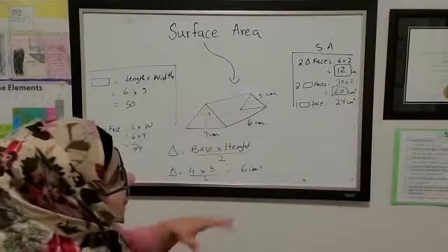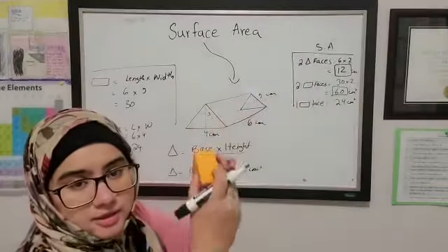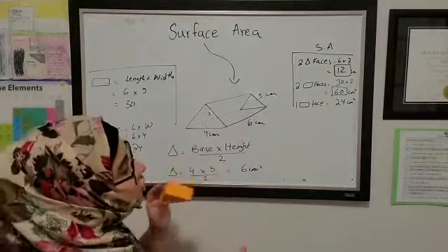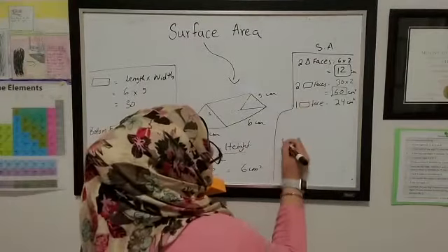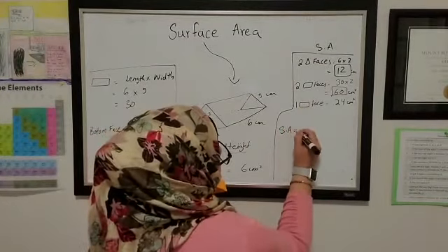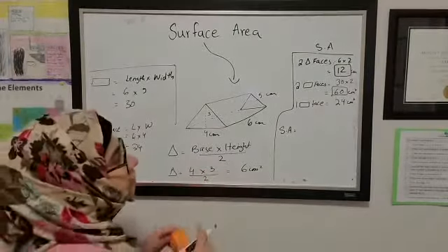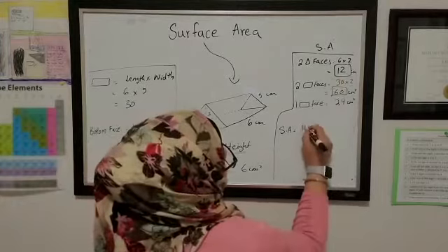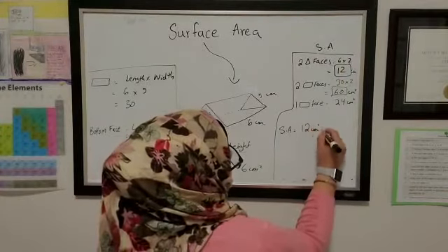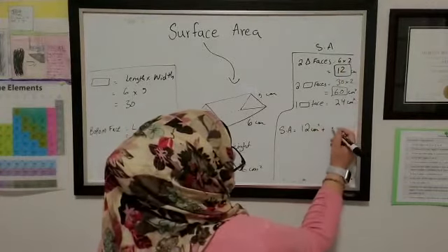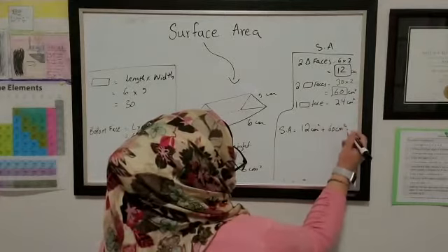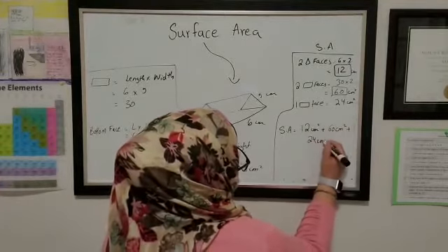Now, since we have found the area of all 5 faces in the triangular prism, our surface area is the sum of the area of all faces. Here we have 12 centimeters squared plus 60 centimeters squared plus 24 centimeters squared.